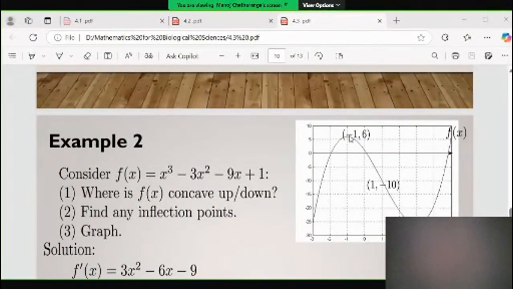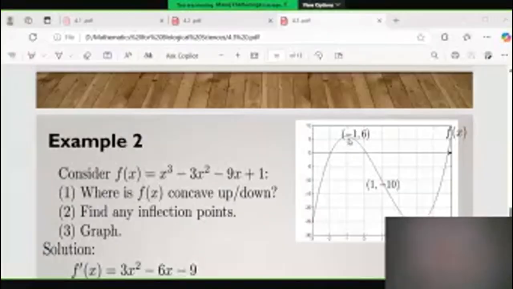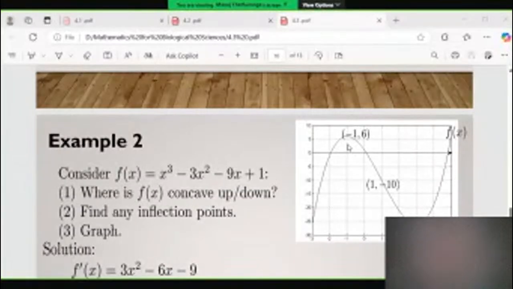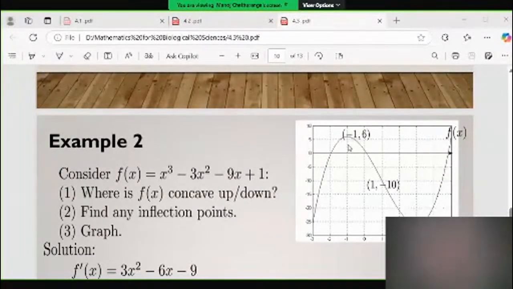In that case, -1 is a critical point and also an inflection point. Then we have a problem, because the second derivative test doesn't help us. We need to look at the sign of the first derivative. The sign tells us what happens at such points. The second derivative alone cannot tell us anything.